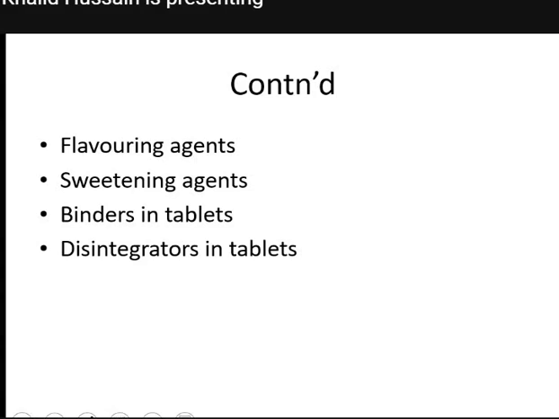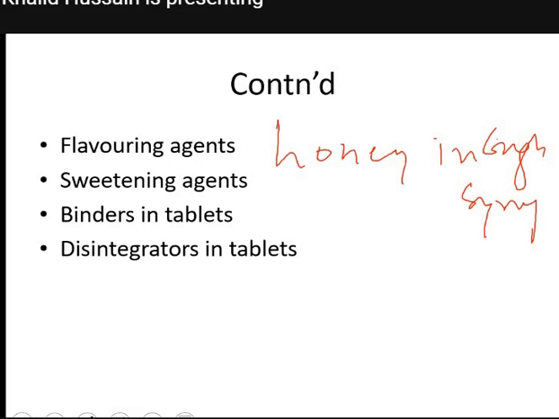One example is that in cough syrups, we use honey as a flavor. This gives the flavor. Even Johar Jashanda has a honey flavor. So carbohydrates are used as flavoring agents.